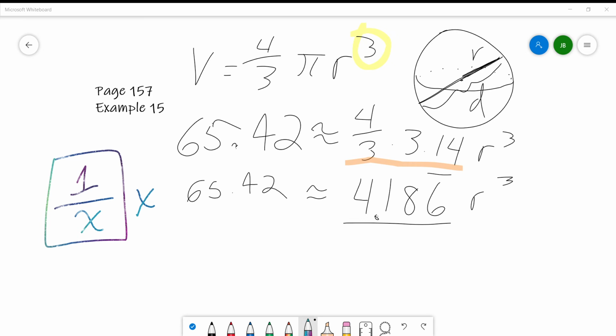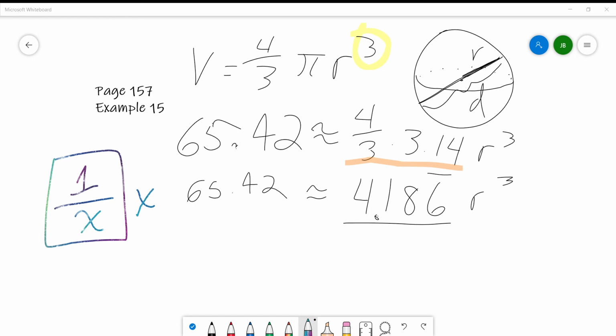So if you do 4.186 and you hit the reciprocal button, you get 0.23885350318471337579617834394904, I'm sure it goes on. But then you take that and you hit times 65.42 and you'll get the answer.